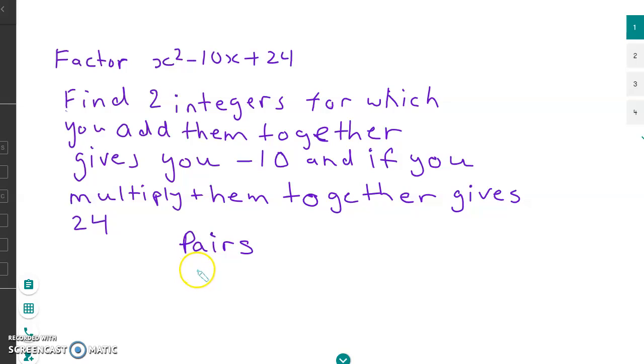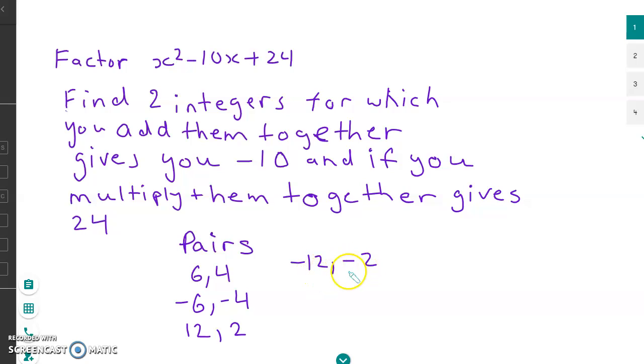What are those numbers? Well, they can be 6 and 4. 6 times 4 gives you 24, so that's a possible pair. Minus 6 and minus 4 is another possible pair because minus 6 times minus 4 gives you 24. Another option is 12 and 2, since 12 times 2 gives you 24, or negative 12 and negative 2.